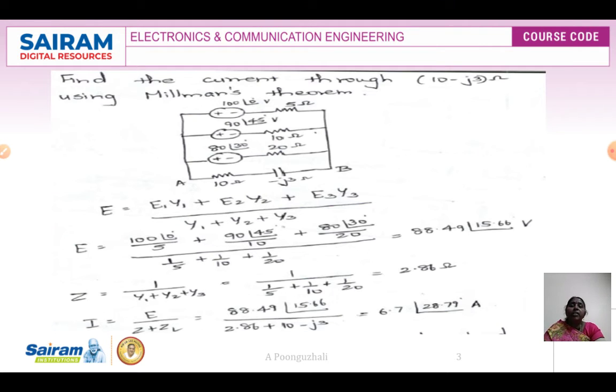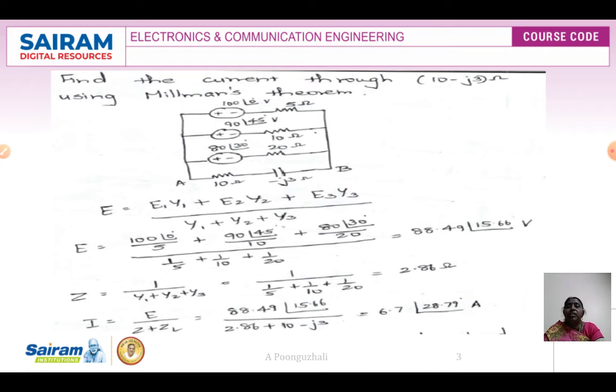Next, find the current through 10 minus j3 ohms using Millman's theorem. First step, write the formula: E1 into Y1 plus E2 into Y2 plus E3 into Y3, divided by Y1 plus Y2 plus Y3.